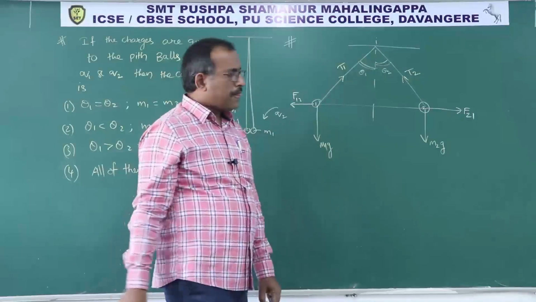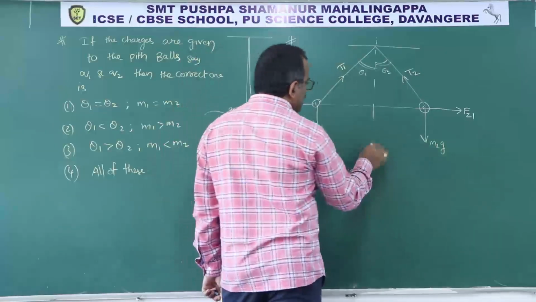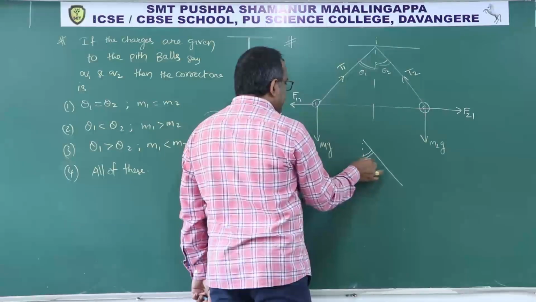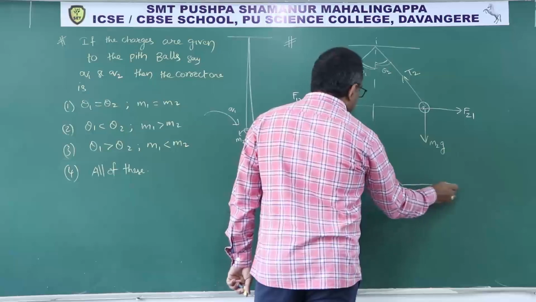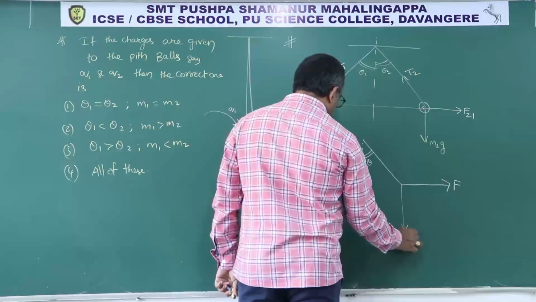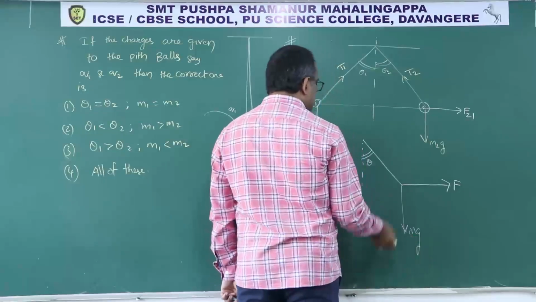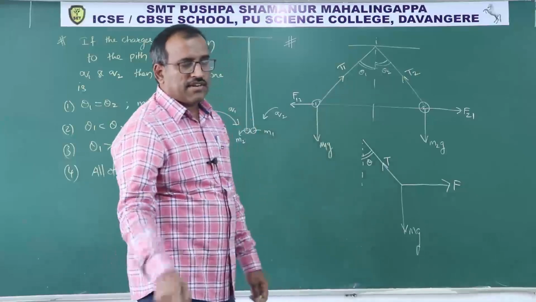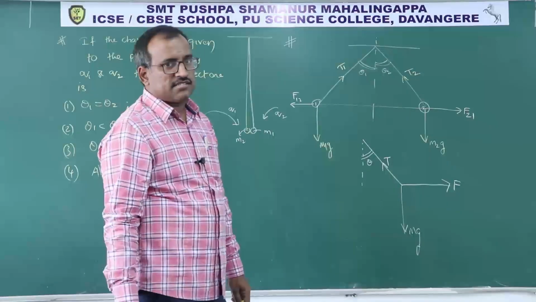Now let us see. Let us assume this is theta. This force is, let us say, F. This force is, let us say, mg. This force is, let us say, T. And you know, in first year you studied in vectors.